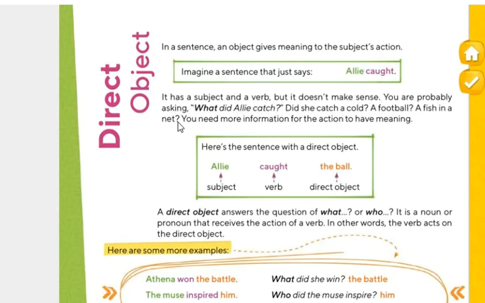You are probably asking, what did Ali catch? Did she catch a cold, a football, a fish in a net? You need more information for the action to have meaning. Here's the sentence with a direct object. Ali, that is the subject, caught, that is the verb or the action, the ball. The ball is the direct object.